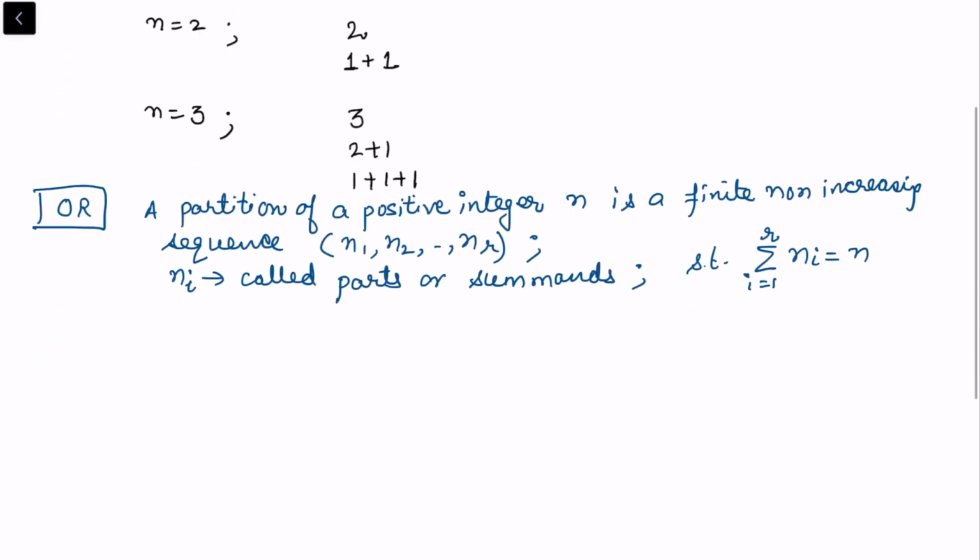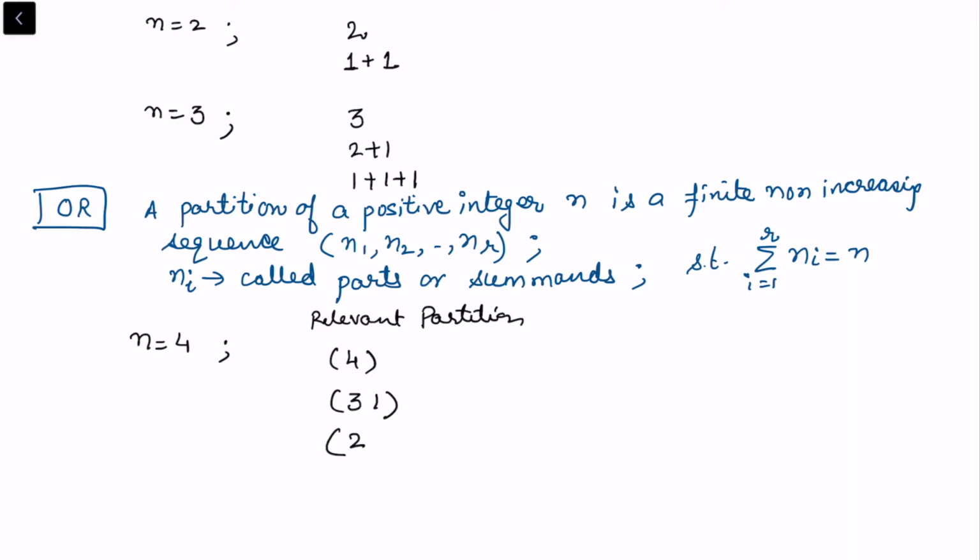In the same way I am writing the notation for n equal to 4. In this non-increasing sequence, a relevant partition for n equal to 4 is 4, or we can write 3, 1. So I am writing this in non-increasing order.